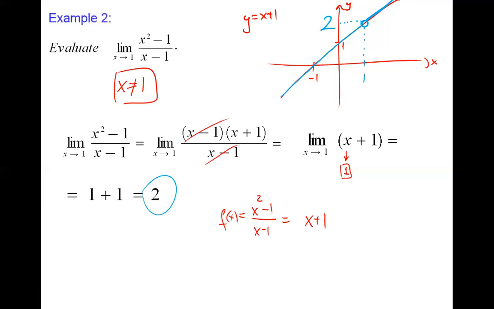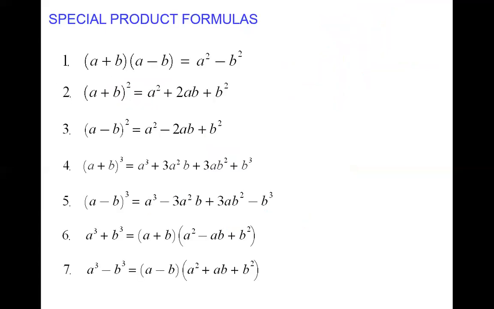Let's try to calculate more limits. Before we do the calculation, I suggest everyone know all of these special product formulas, because they will be really helpful to find common factors. We did use the first one. A squared minus b squared can be factored as a plus b times a minus b. A plus b squared, we can expand like that.